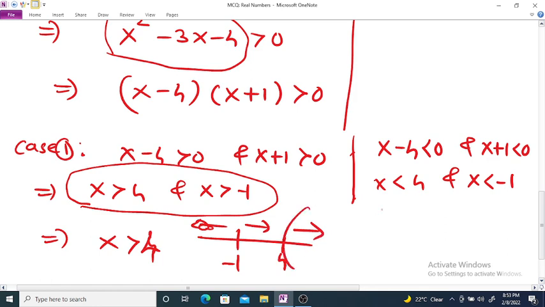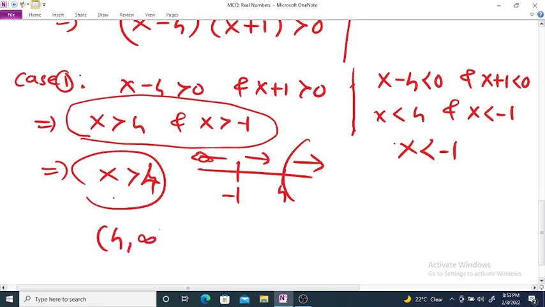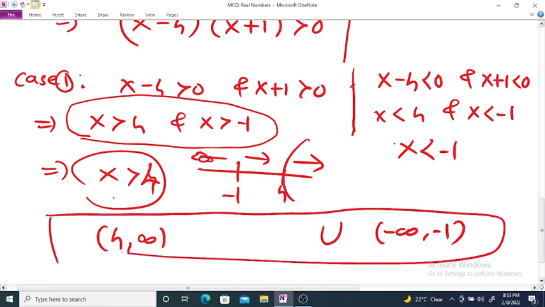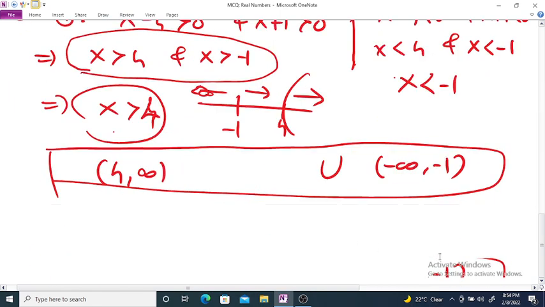And x less than 4 and x less than minus 1 implies x less than minus 1. So the solution set is 4 to infinity union minus infinity to minus 1. So the correct option is 4 to infinity union minus infinity to minus 1, option C.